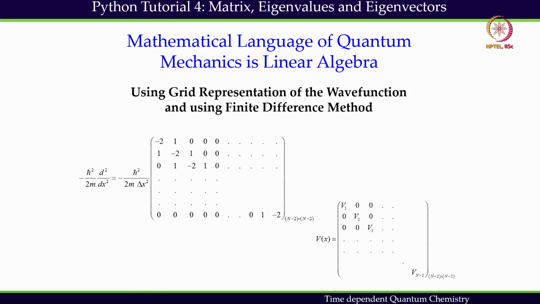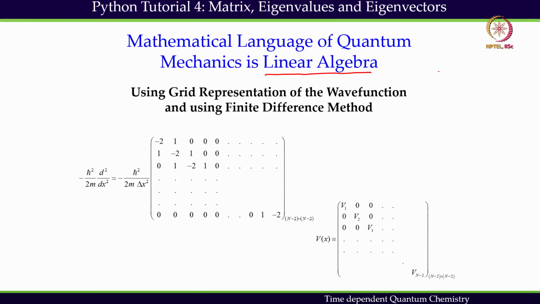In module 4 of this course, we have already realized that the mathematical language of quantum mechanics is linear algebra. And in addition to that, in the same module where we have shown the connection between quantum mechanics and linear algebra, we have presented the grid representation of the wave function.